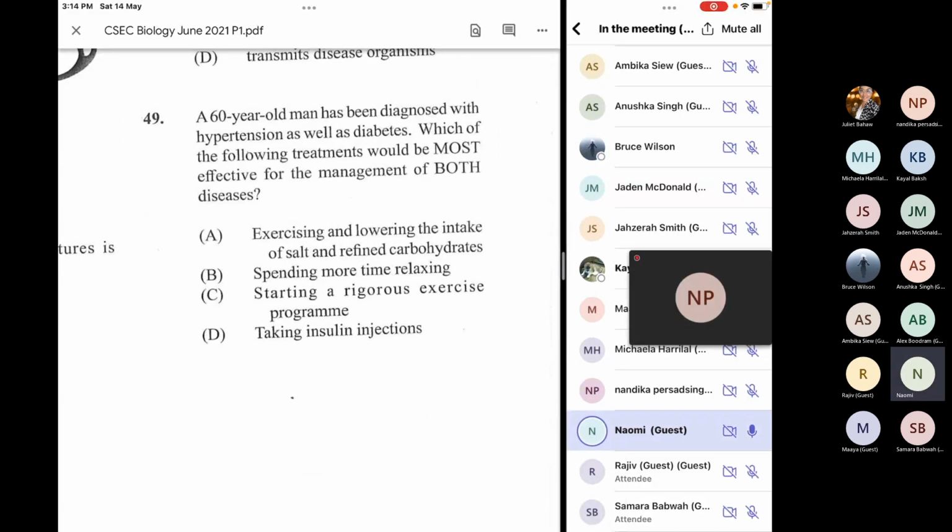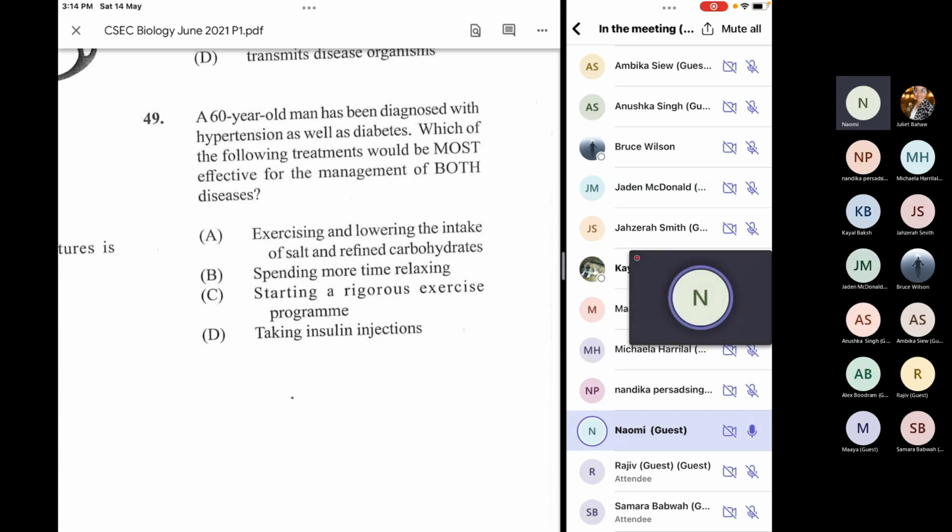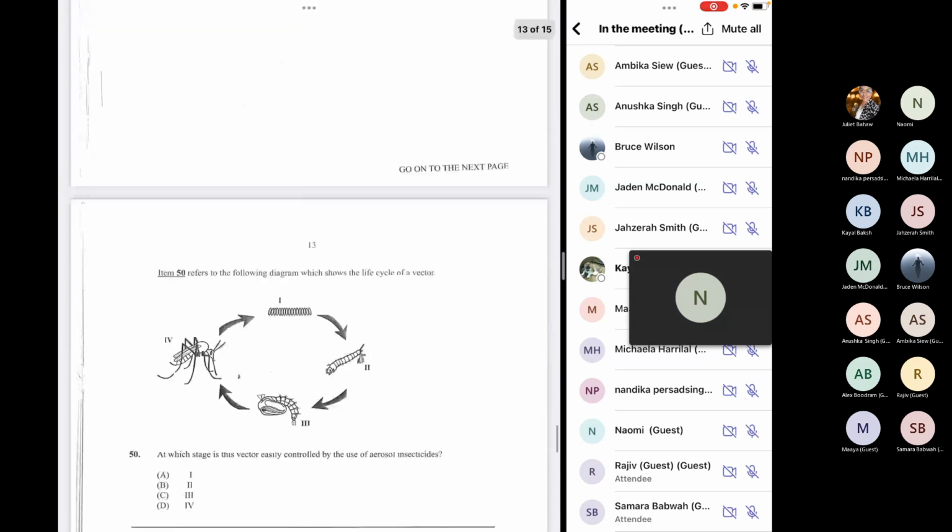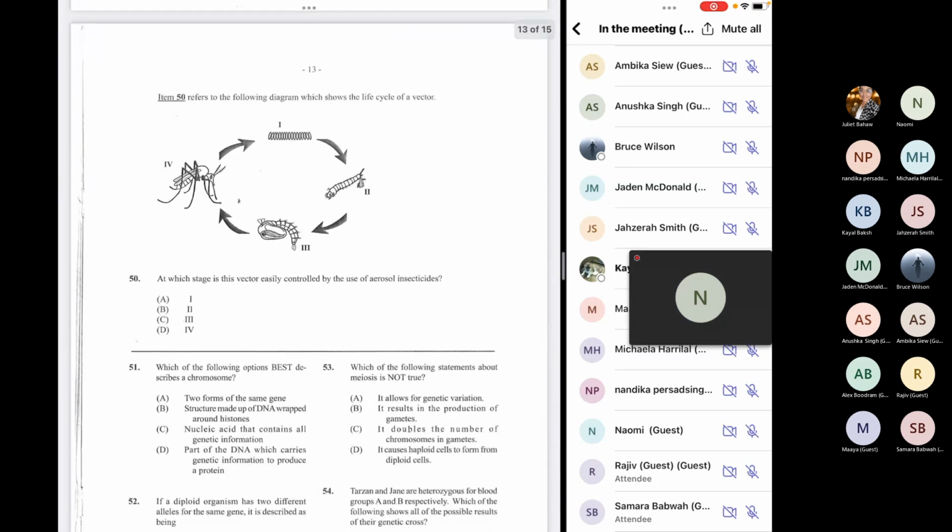A 60-year-old man has been diagnosed with hypertension as well as diabetes. Which of the following treatments would be most effective in the management of both diseases? Exercise and lowering the intake of salt and refined carbohydrates. Very good. Right, so that one is A. 50 refers to the following. Oh, sorry, Rajiv.